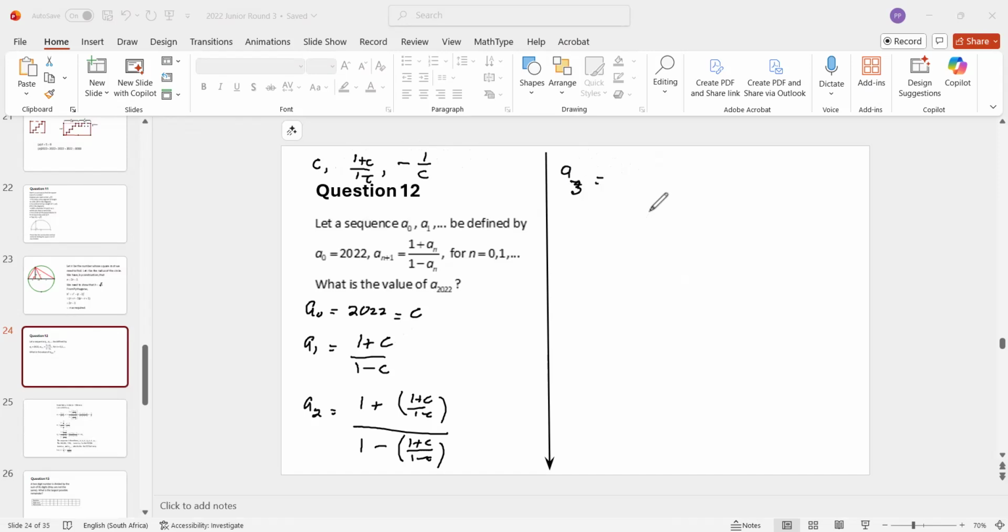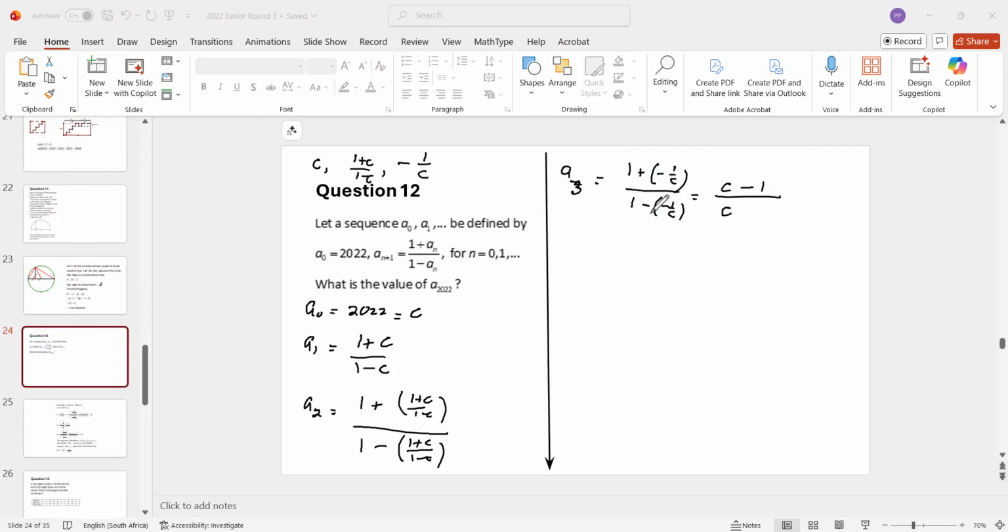Right. A3 is 1 plus the previous one, and the previous one here is -1 over C, over 1 minus the previous one. Now this time I can multiply the numerator and denominator by C. And I get C times 1, C, C minus 1, just the numerator.